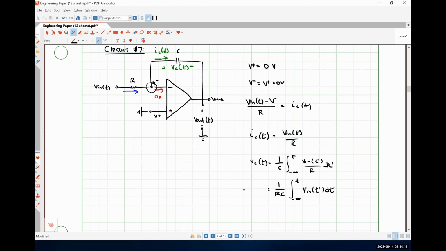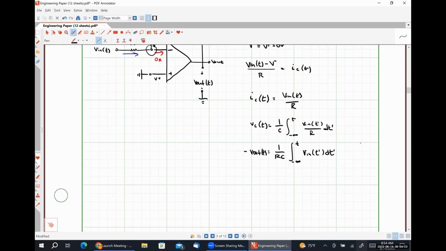So we could write this as negative Vout of t, and rearranging, really just moving the negative sign to the opposite side, we find that our output voltage Vout is negative 1 over RC times the integral from negative infinity to t of our input voltage with respect to time.